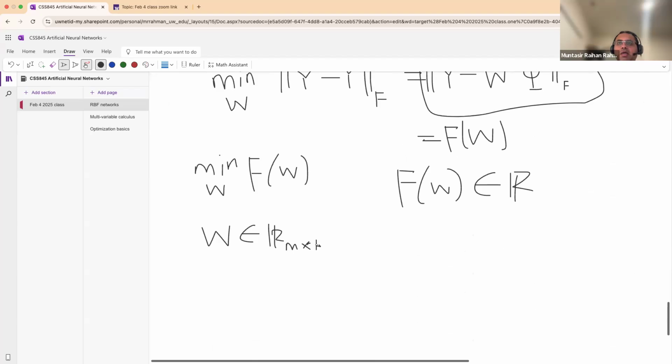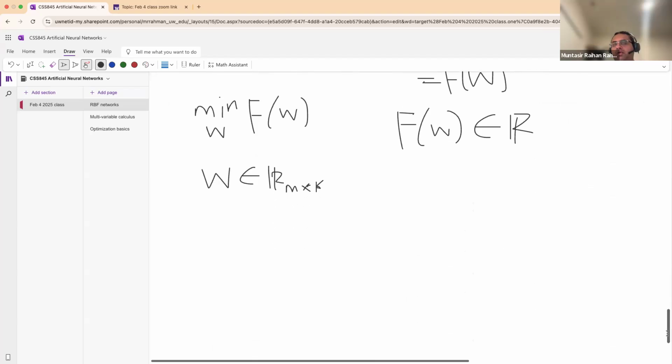And if you remember some calculus, and we will review that, not today possibly, if you have a function of x equal to x squared, the way you minimize is that you compute the derivative with respect to x, which in this case is going to be 2 times x, and you set that equal to 0.